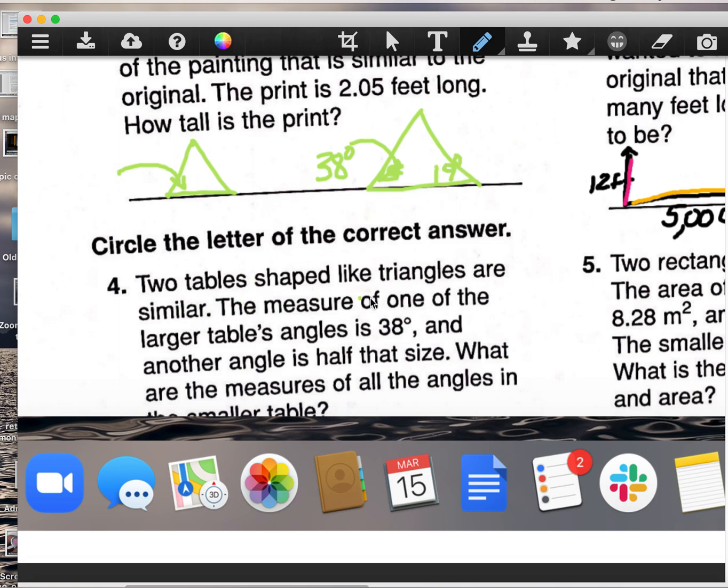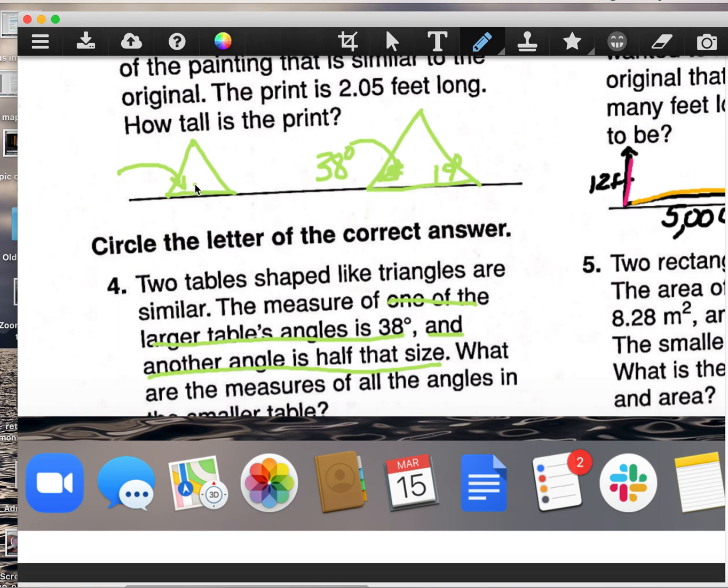So let's look at it. The measure of one of the larger table's angles is 38, and another angle is half that size. So there's my half. What are the measures of all the angles of the small table?